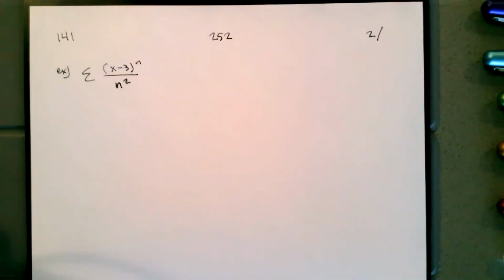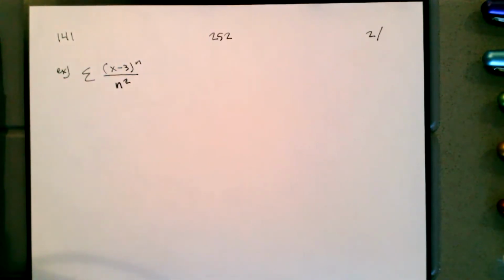When I look at this, I see my basic interval of convergence is going to be the absolute value of x minus 3 has to be less than 1, because that's the geometric part. The n squared is we're only going to think about the endpoints for the n squared. And those are the only factors that we have.